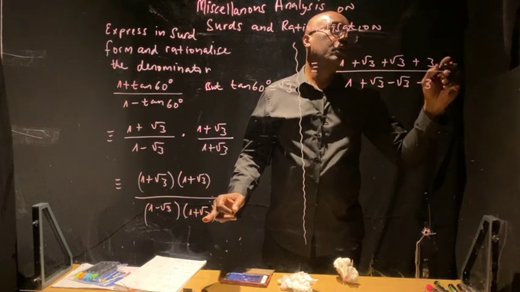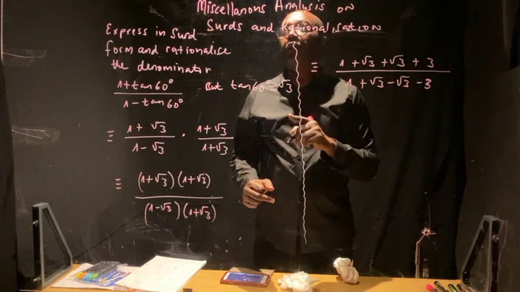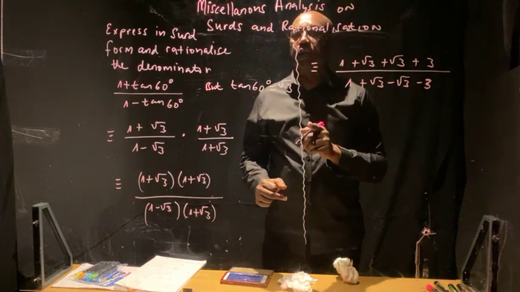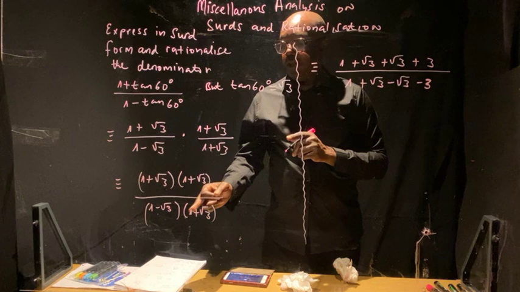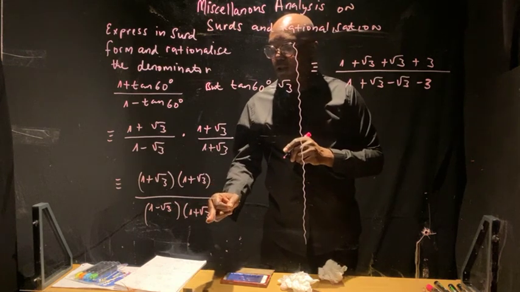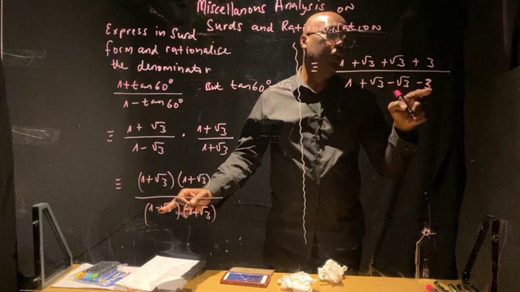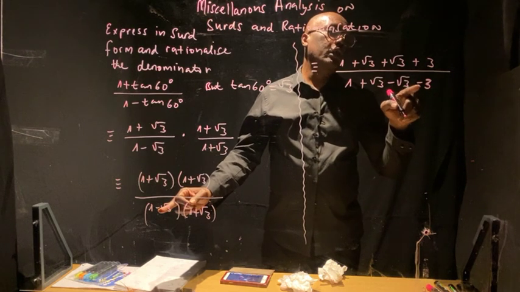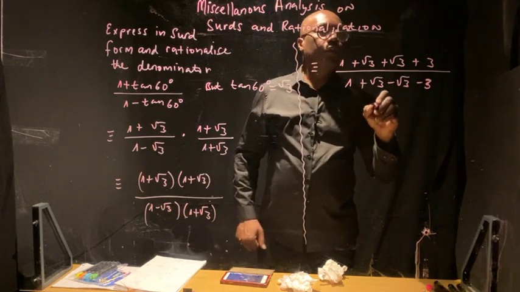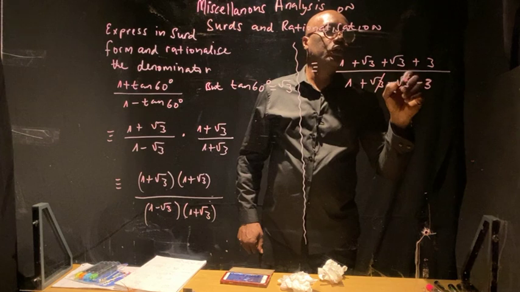Because root A times root A is equal to A. In that case, root 3 times root 3 is equal to 3. But the negative here has affected this 3, so it has become minus 3. This one cancels out these two.